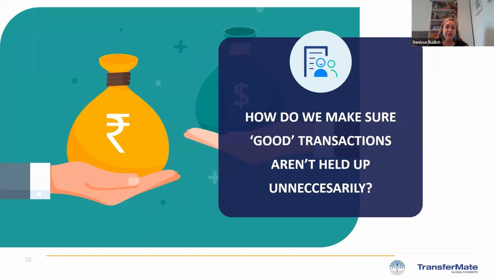So in terms of making sure that good transactions aren't held up, again, understand how your systems are set up. If you are putting a particular country into a filter, also try to identify additional keywords that will trigger a payment. If there are countries that have sanctions in them, there are generally individuals and entities that are sanctioned. So if you want to include those, that's fine.